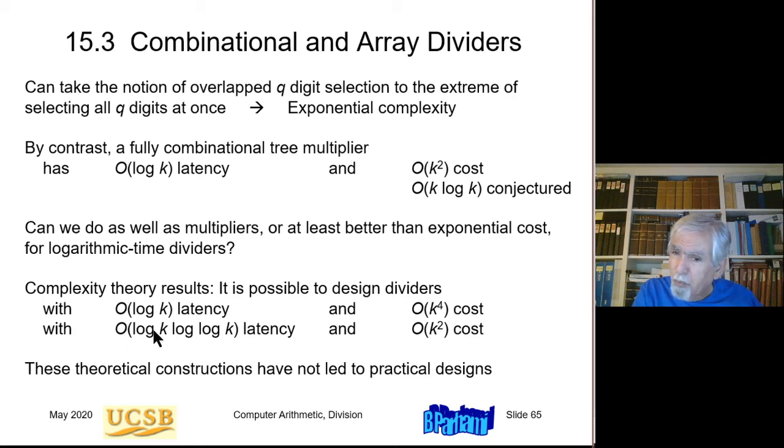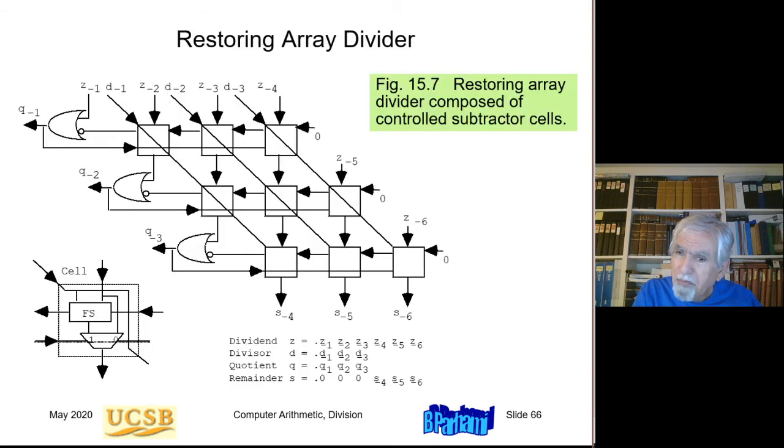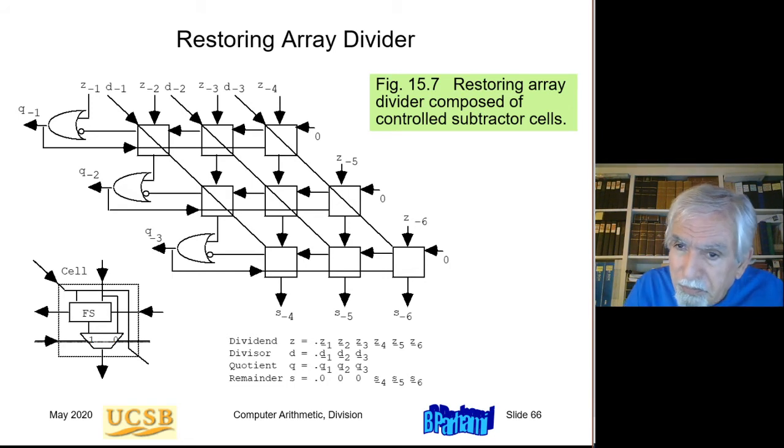So it's very poor latency performance. K squared is much worse than this. But we'll see why, despite this high latency, we are still interested in building array dividers, for a very similar reason that we had array multipliers. So this is a restoring array divider.